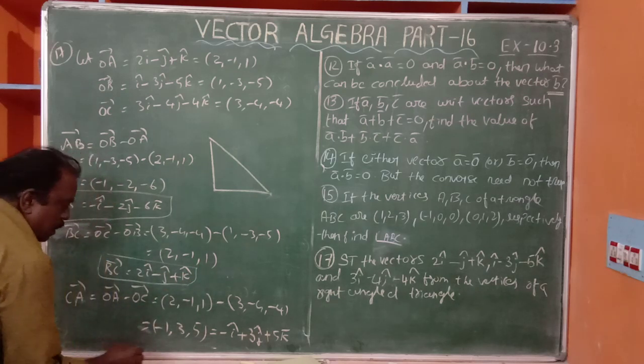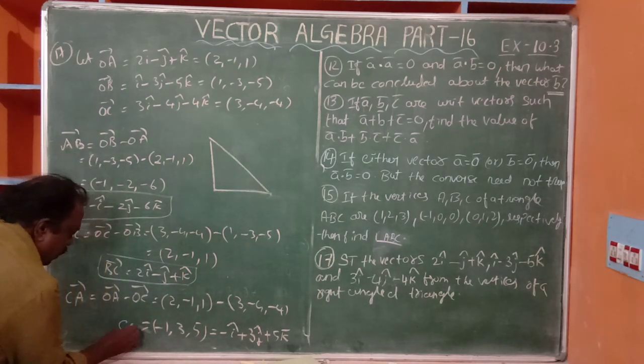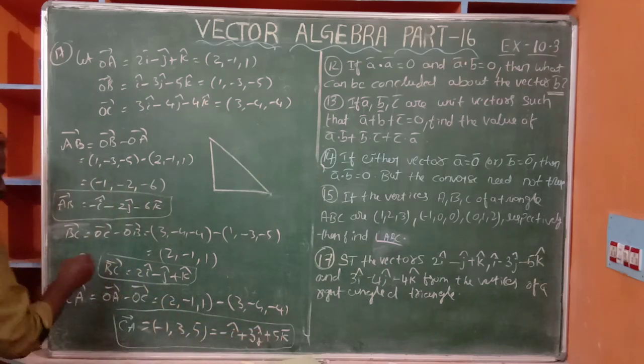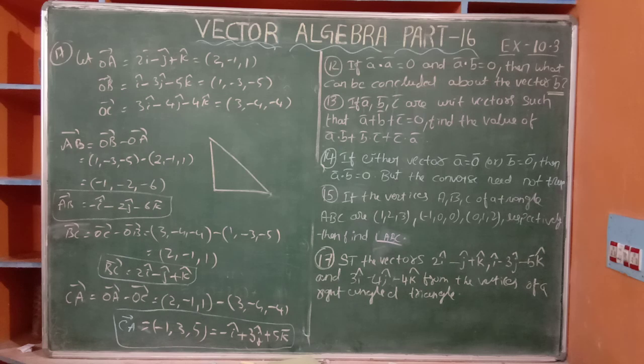These are the vectors. First we find the free vectors. Now we have to find the dot product between any two vectors. If AB bar dot BC bar is 0, or BC bar dot CA bar is 0, or AB bar dot CA bar is 0, we verify.